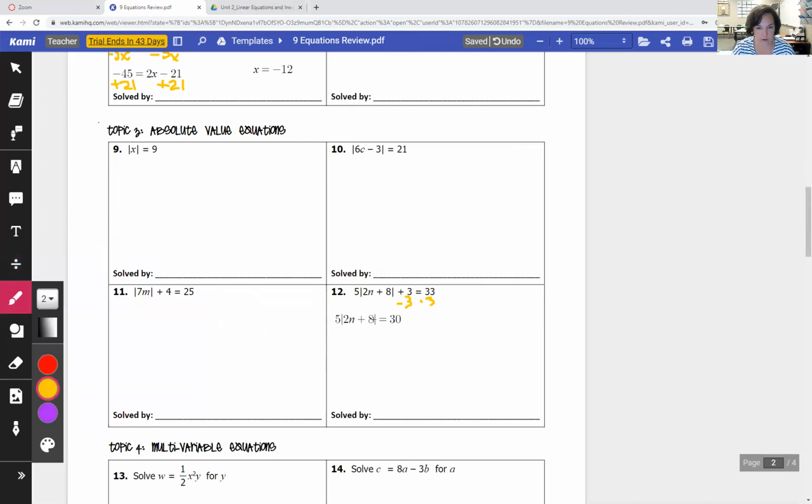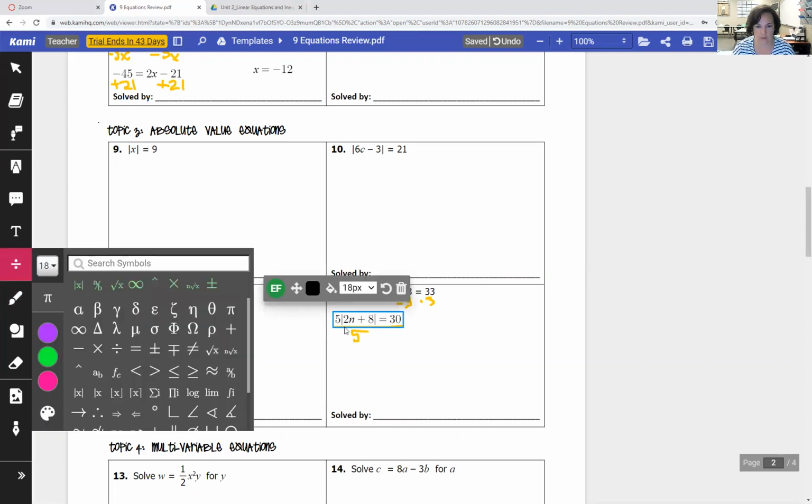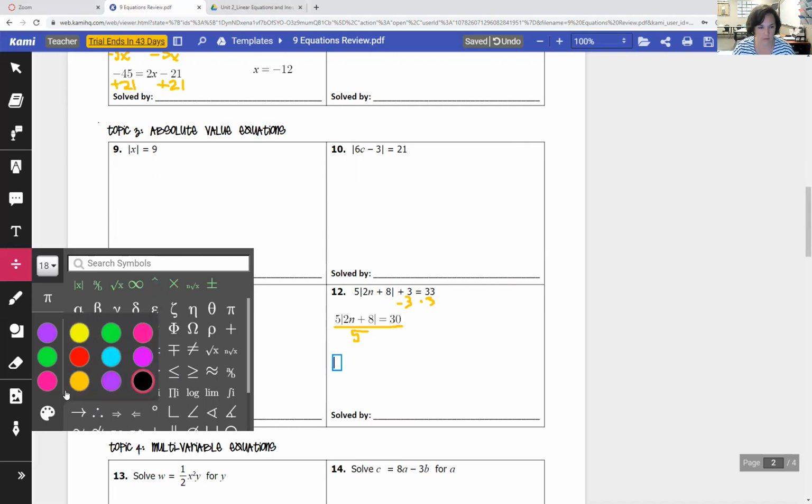Okay, now I'm going to divide by 5. So this 5 is divided out, and I get the absolute value of 2n plus 8 equals 30. All right, so we've reduced this down, so all we have is an absolute value equal to a constant.